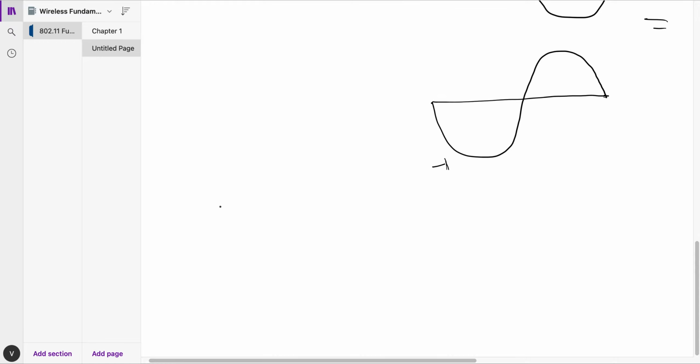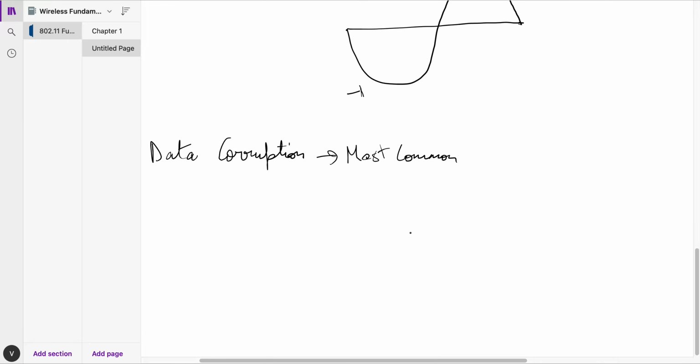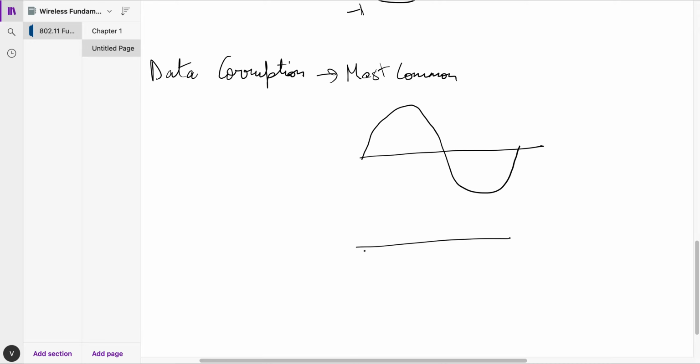And the fourth behavior, which is the most common behavior, is data corruption. This is in fact the most common because of multipath. So I have a transmitter and a receiver. Let's say I receive one signal like this, then I receive some distorted signal like this.